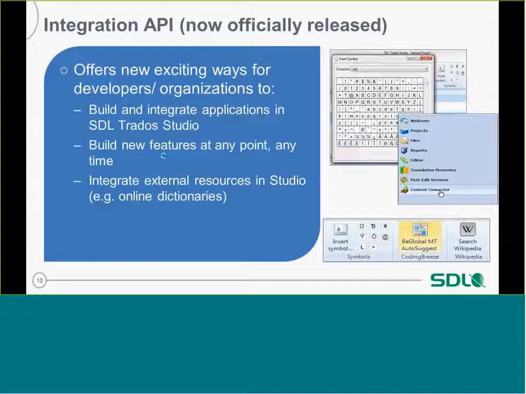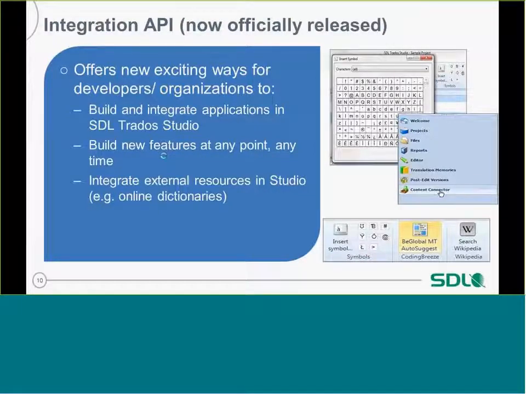APIs, and I know some of you might not be aware of the APIs. However, we have Open Exchange, which is the platform that allows you to create applications and download applications, a little bit like in Android or Apple phones, where you can download applications to extend the capabilities of your phone, and the same is true for Studio.